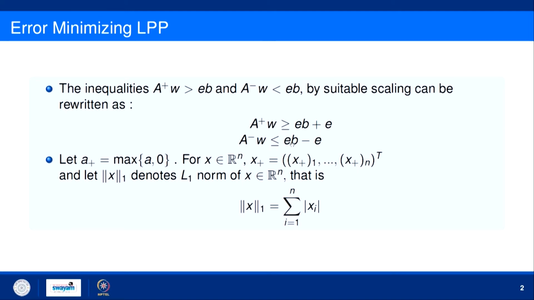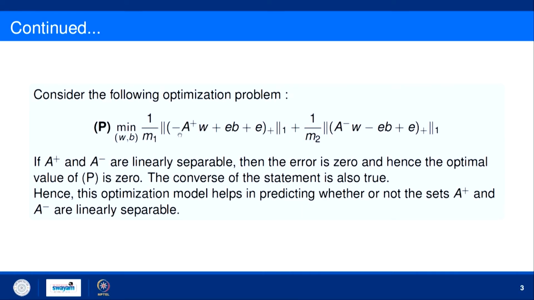Similarly, I bring these two terms to the left-hand side, so it is A minus w minus eb plus e less than or equal to 0. There are M1 points here, so M1 points plus norm 1, and here also M2 points and norm 1.